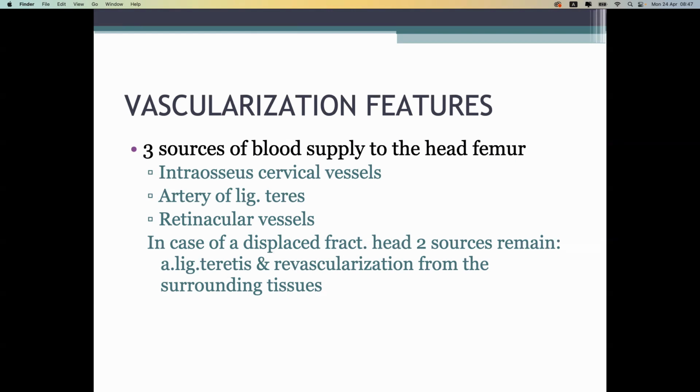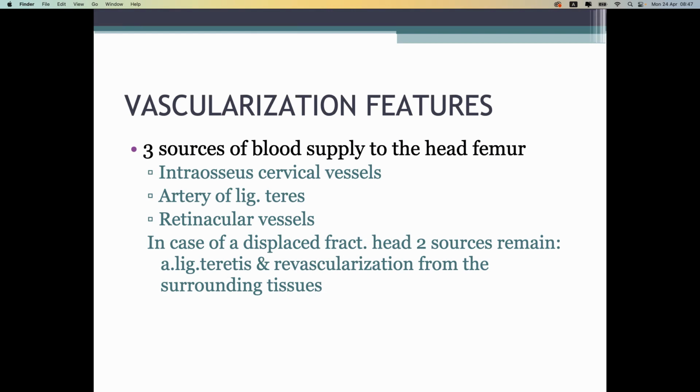Then in case of dislocation of the head of the femur, we have injury to the ligament teres artery. So no more ligament teres here. Then the retinacular arteries will not be working properly because of the dislocation. The retinacular vessels get stretched out.